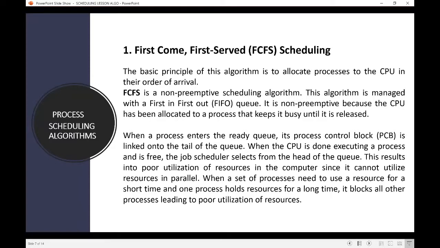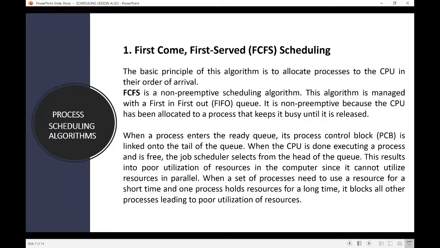So the scanning will not take place until you leave Skype. So in that case, the management of resources will be a problem. And that will result in blocking. Processes may block each other, and that may lead to a system crash.